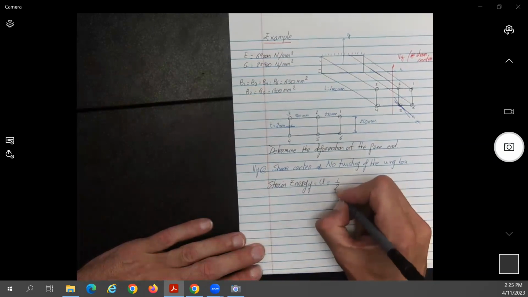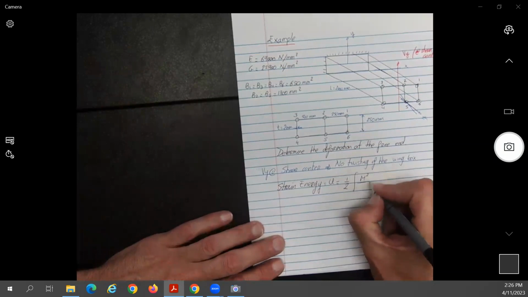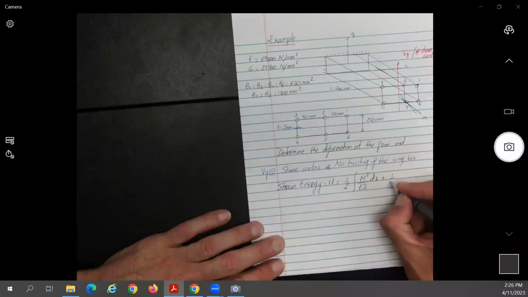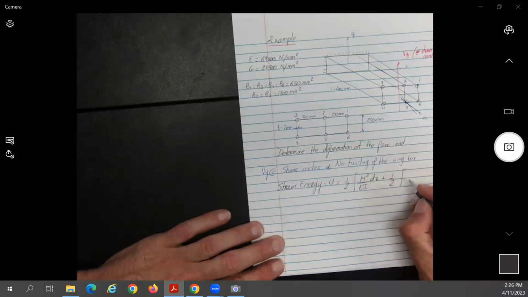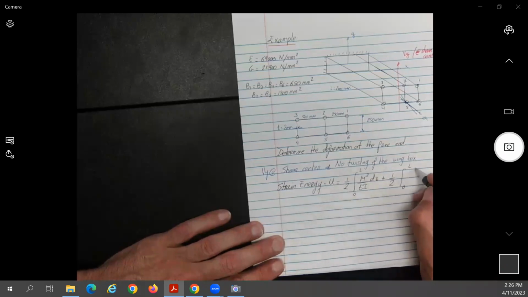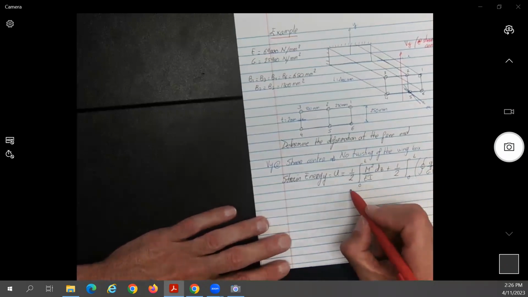The strain energy due to bending, which is 1/2 integral of M squared over EI along the length dz, plus 1/2 integral from 0 to L of the shear term, Q squared over GT ds, and here dz. I derived these expressions before. So again, this is the strain energy.